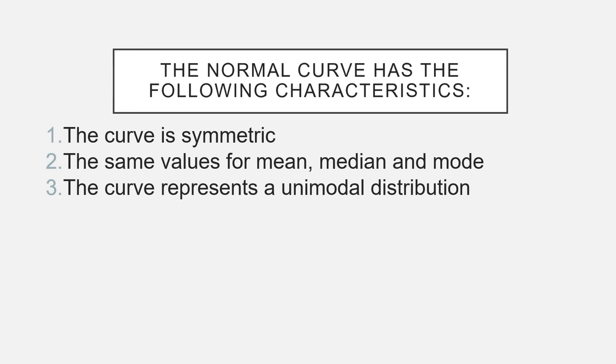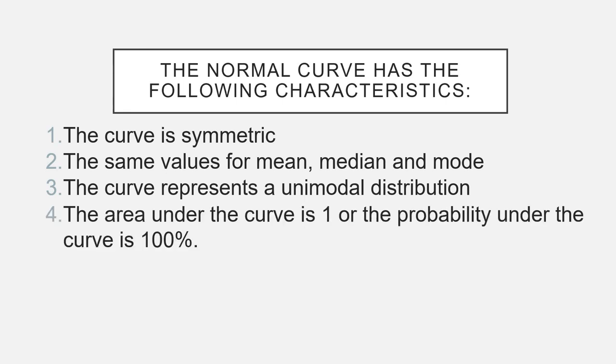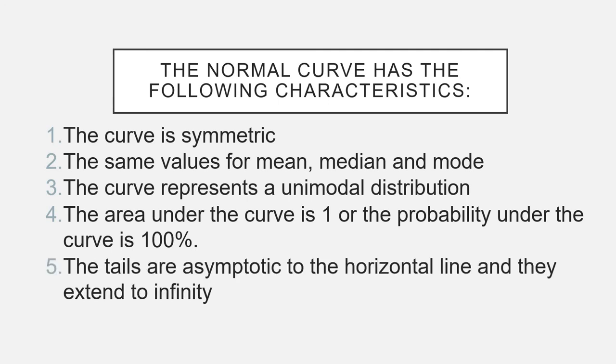That means there is exactly one mode. The area under the curve is 1, or the probability under the curve is 100%. So all the data are under the curve. The tails are asymptotic to the horizontal line and they extend to infinity. We will not discuss more on this because we will not be solving and interpreting.